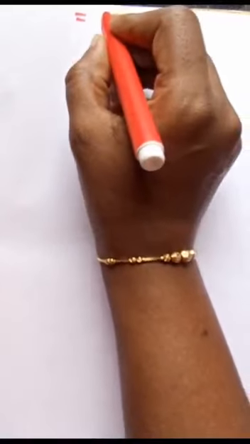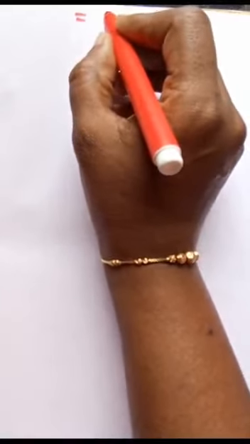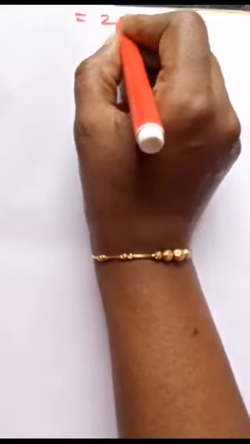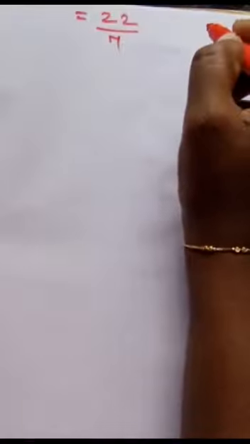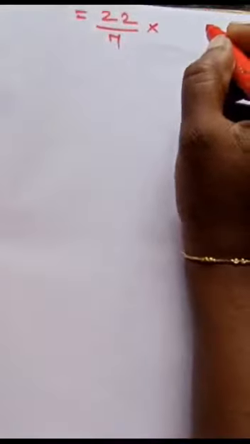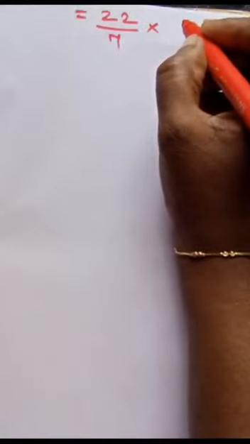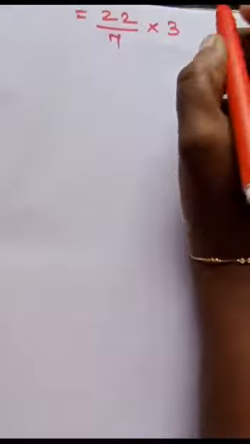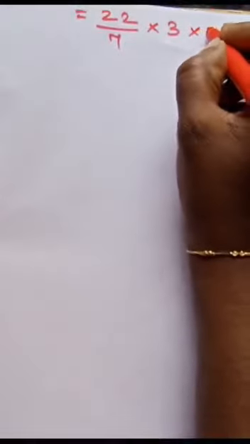Okay. Just now I told you the formula, right? I hope you remember. The value of pi is 22 by 7. That is also given in the question. And the radius value is 3. Radius is given in 3 meter. But r square, in the sense, we should write the r value twice. I told you, right?